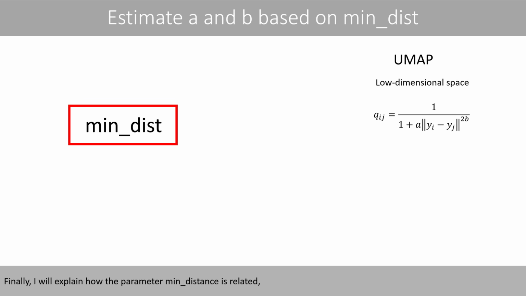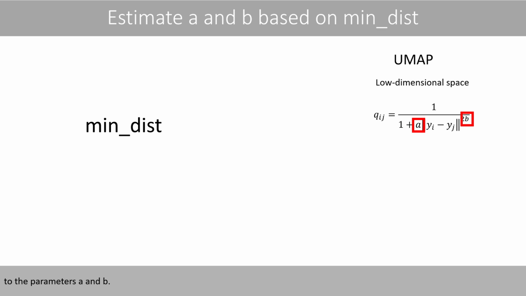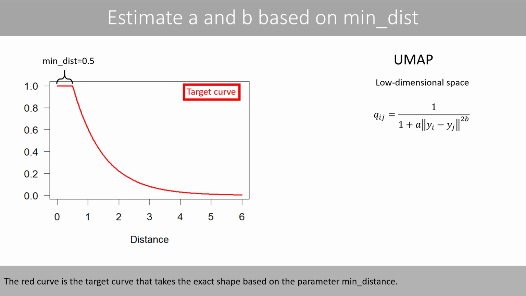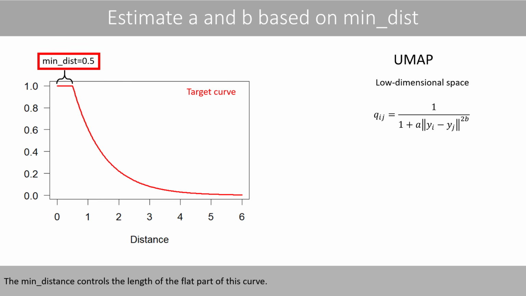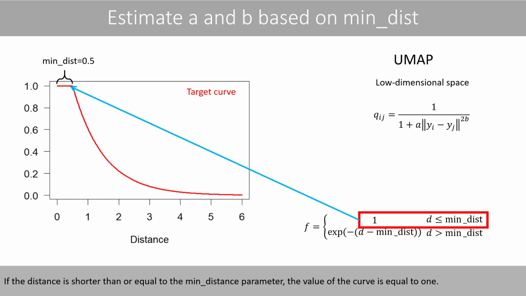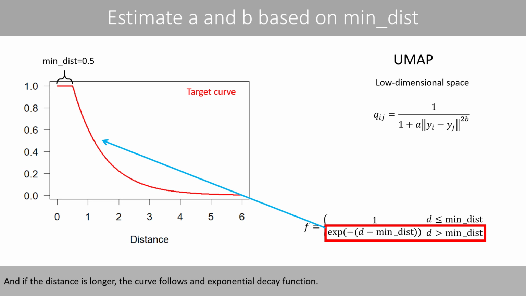Finally, I will explain how the parameter mean distance is related to the parameters A and B. The red curve is the target curve that takes the exact shape based on the parameter mean distance. The mean distance controls the length of the flat part of this curve. If the distance is shorter than or equal to the mean distance parameter, the value of the curve is equal to 1. And if the distance is longer, the curve follows an exponential decay function.